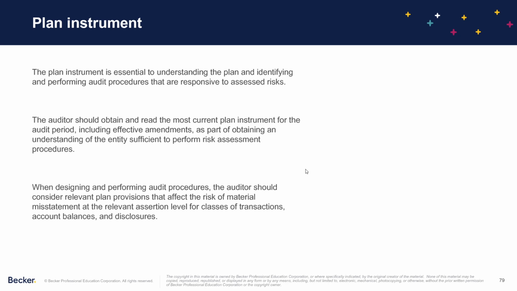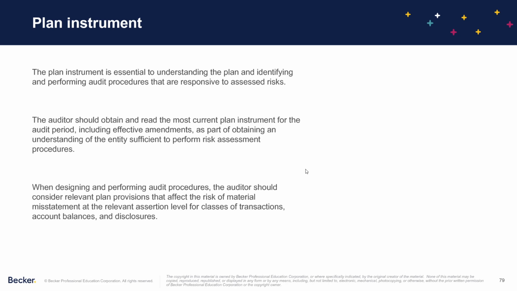So you'll see here that risk assessment now basically requires that before you go out and do an audit, right? You always talk about if you fail to plan, you plan to fail. You have to understand the entity. And one of the biggest elements of an ERISA plan, of a 401k plan, is the plan document, right? So in order to know what your risks are, you need to know what that plan instrument says in order to be able to be responsive to those risks.